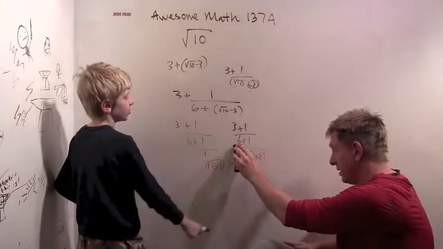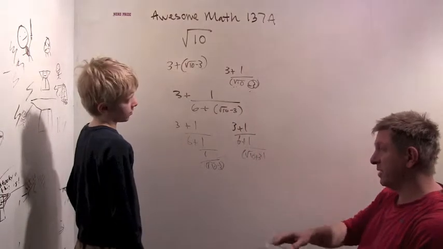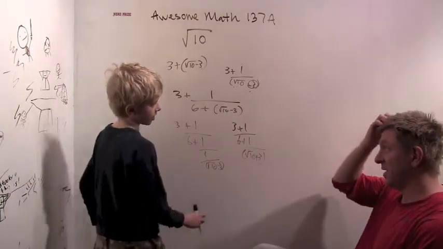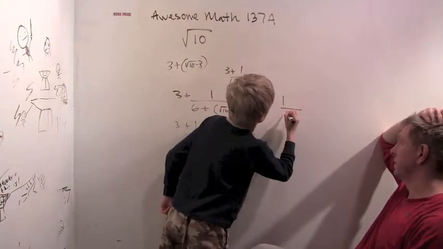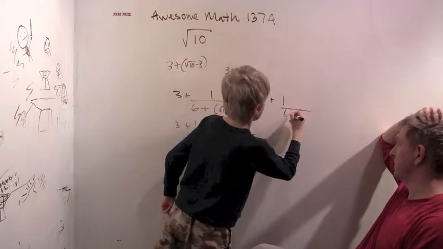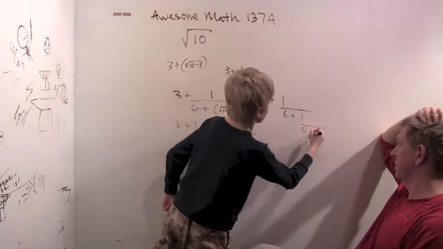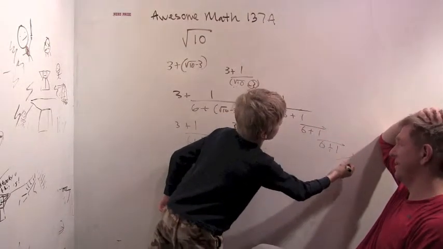Be careful about how far that bar extends. What is the continued fraction now for the square root of 10? It's 3 plus 1 over 6 plus 1 over 6 plus 1 over 6 plus 1 over.